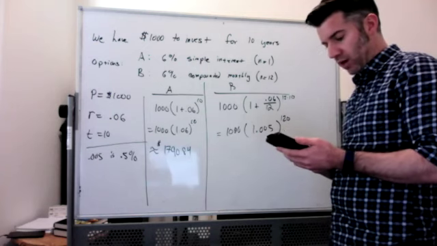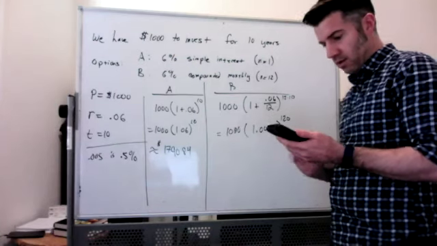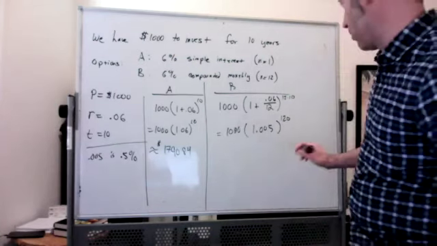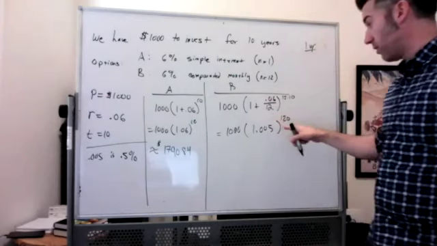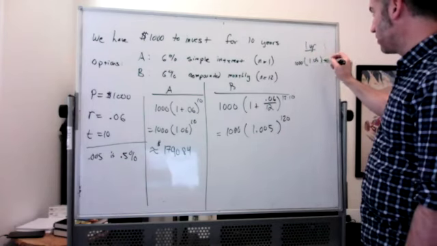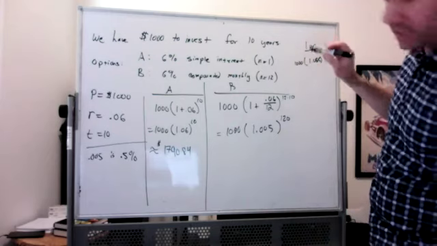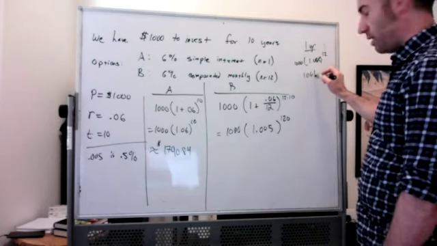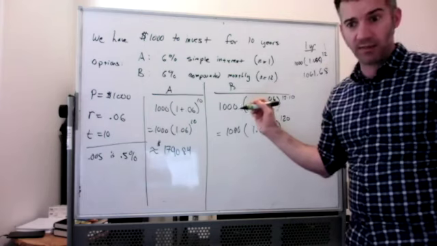I got a number that was way too big. So after 1 year compounding monthly, if I did 1,000 times 1.005 to the 12th, you end up getting $1,061.68. So not a big difference, but it is a difference, right?